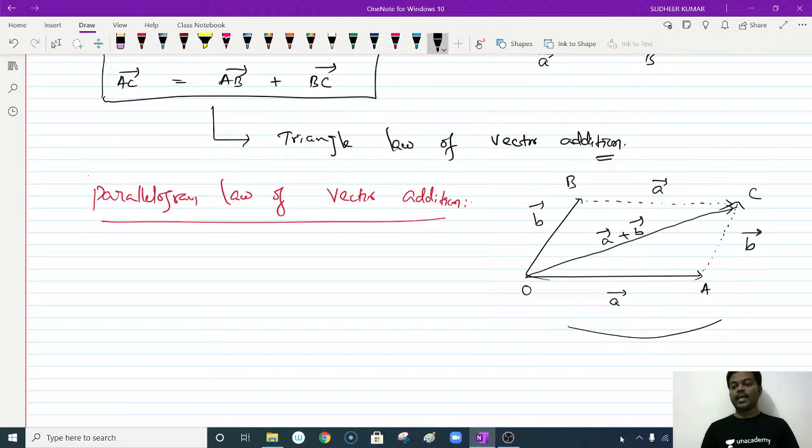If you move in this direction, we can write vector B plus vector A. Isn't it?